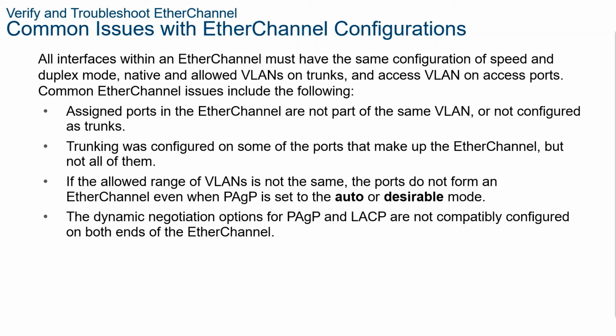PAgP and LACP are used for link aggregation or EtherChannel. DTP is used for automating the creation of trunk links. When an EtherChannel trunk is configured, typically the EtherChannel PAgP or LACP is configured first, then DTP.